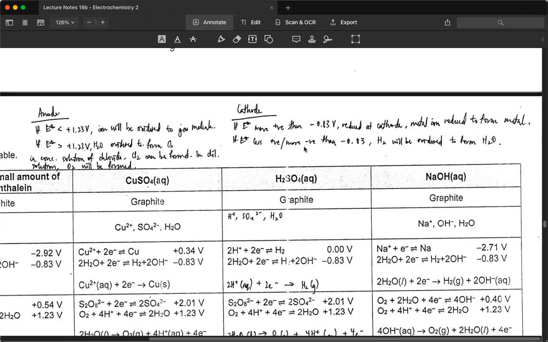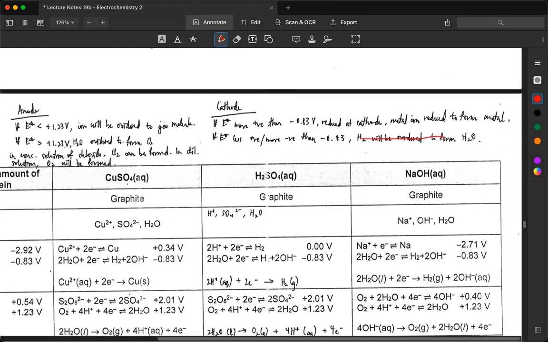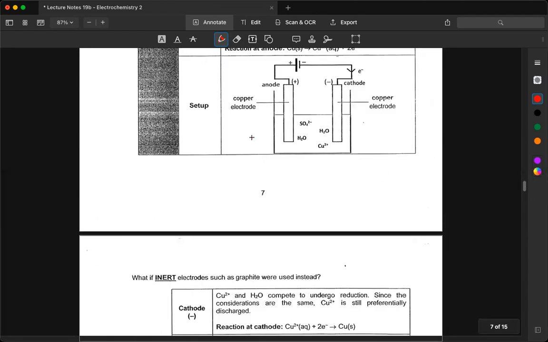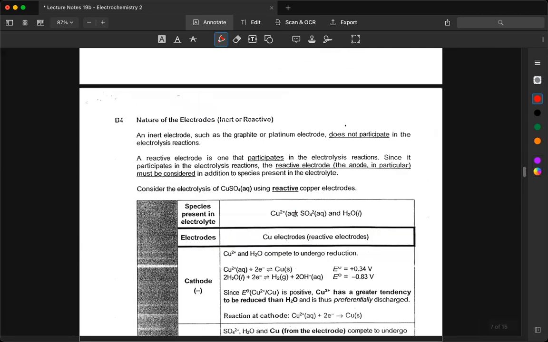However, if your E0 value is less positive or more negative than minus 0.83, then H2O will be reduced to form H2.